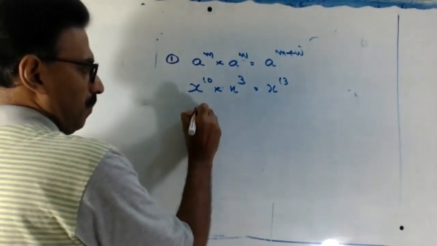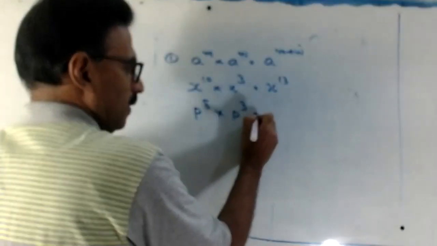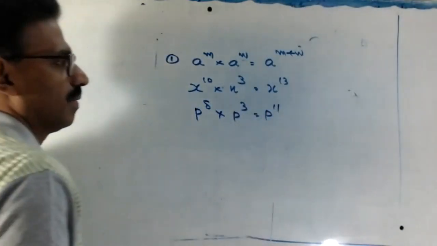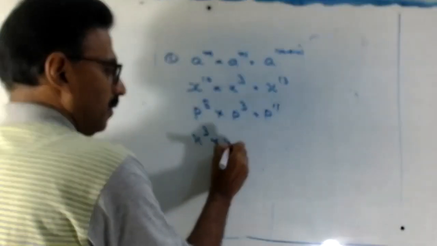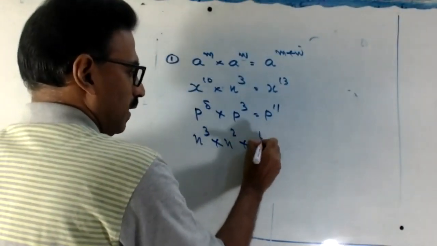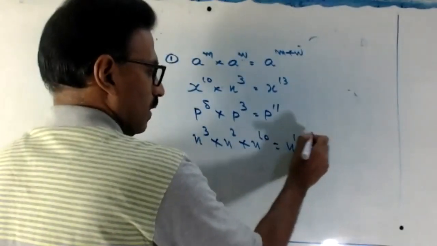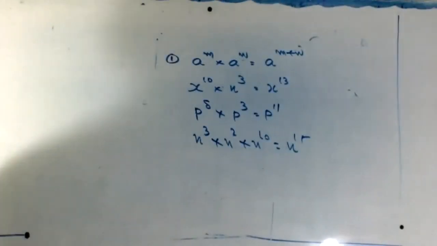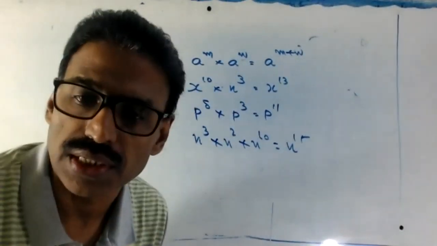Or p raised to 8 into p raised to 3 equal to what? p raised to 11. Okay. We can extend also: x raised to 3 into x raised to 10. What is that? x raised to 13. Like that. Okay. Then first one is finished now.